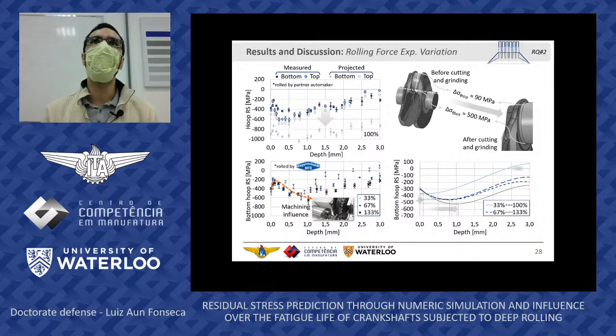By the same analysis made before, we can also see that the material is saturating to the deep rolling action here. As we increase the rolling force, we don't have much of a gain in terms of residual stress peaks. If we keep increasing it, it would possibly deliver marginally higher residual stresses and better results in terms of fatigue.